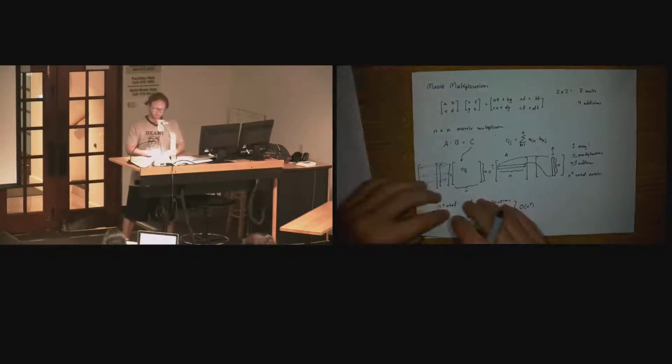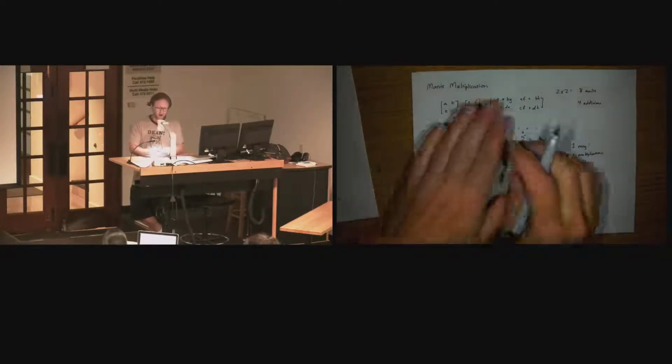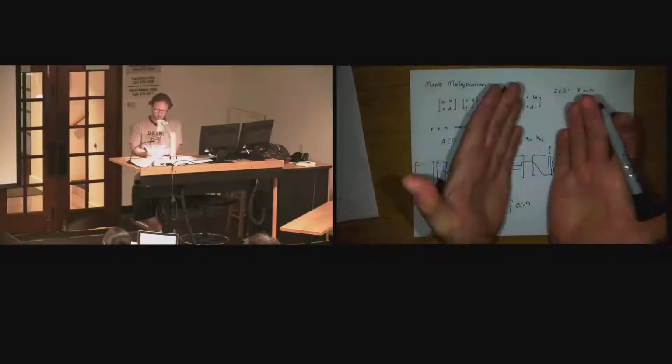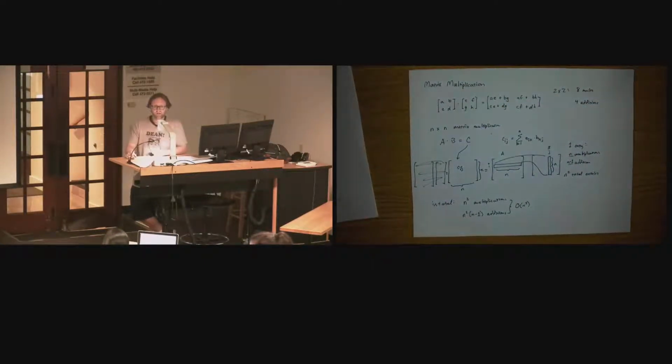Can we do better? Can we take this cube here and can we take it down? Now, before we do that, let's understand what's our ultimate goal? What's the lower bound on this? If I've got n squared elements in my input and n squared elements in my input, then I have to at least look at all the input unless I want to lose information, right?